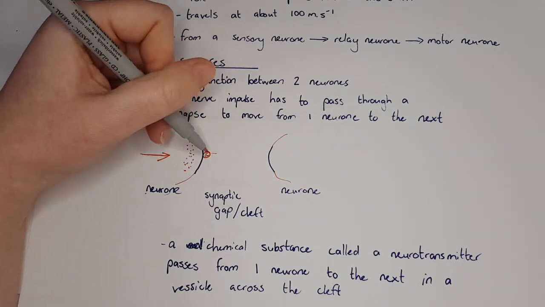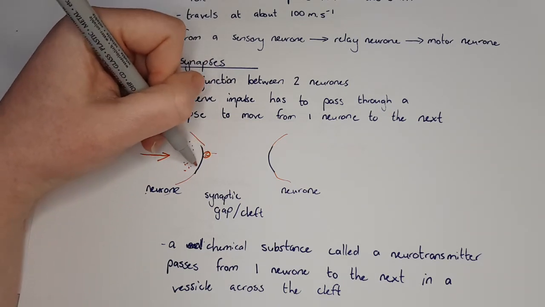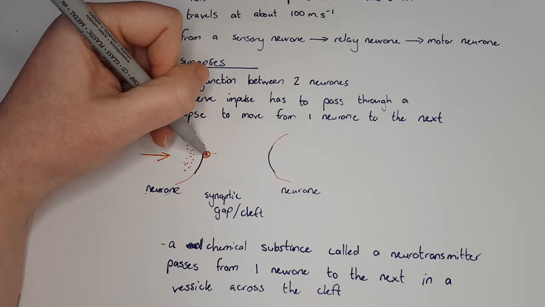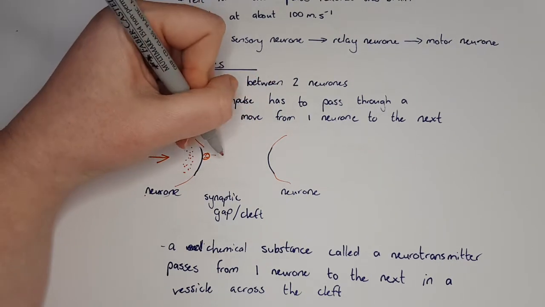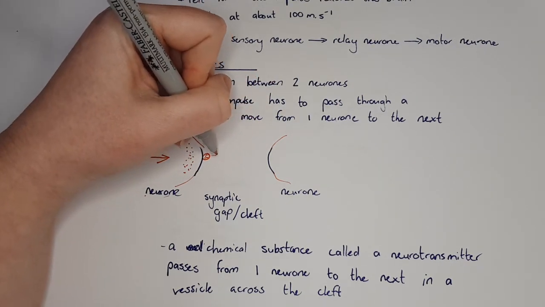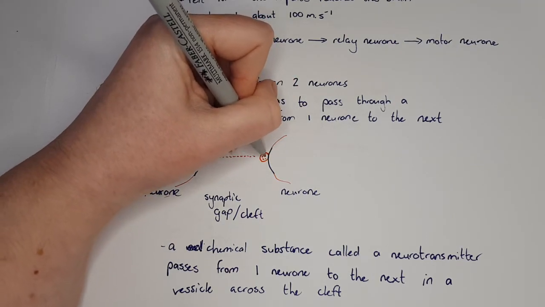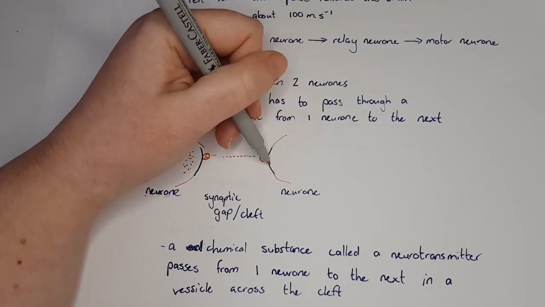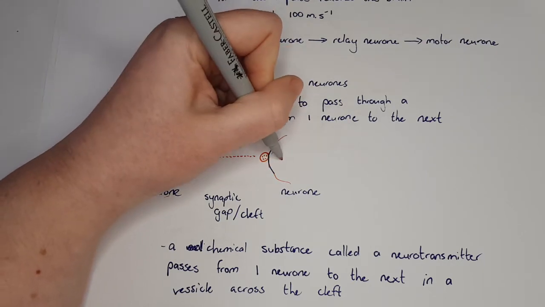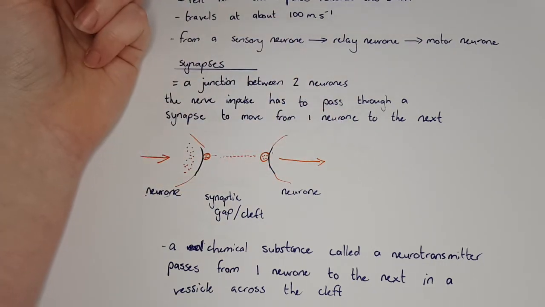So you get a tiny little vesicle coming from the cell membrane that contains some of that chemical, and that moves across the gap till it gets to the other side. And then there are receptors on this side, which will then trigger the next nerve impulse.